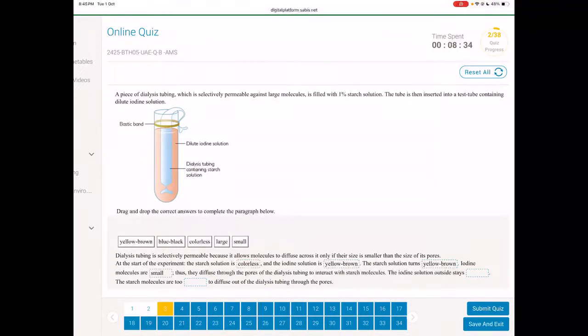The iodine solution outside stays yellow brown and too large. But shouldn't this one, the starch solution, turn into blue black? What do you guys think? Anyone can answer in the chat, please, guys.